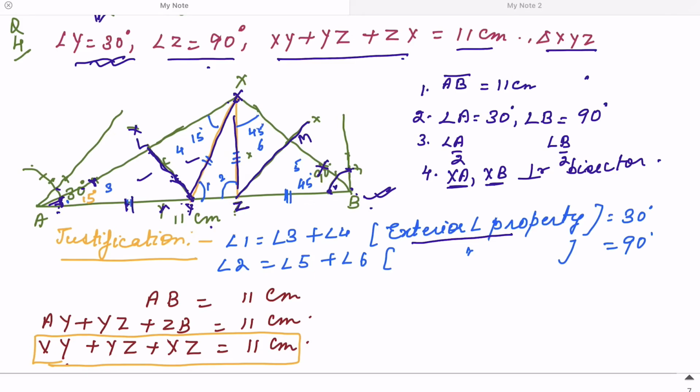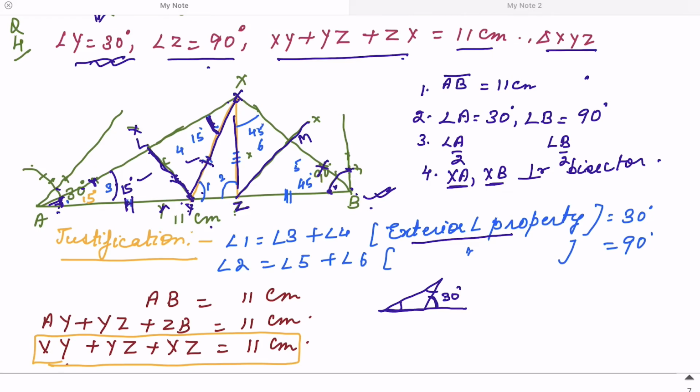As these sides are equal, and we know that angles opposite to equal sides are also equal, this angle is 15 degree, so this angle will also be 15 degree. Why? Because these two sides are equal. In any triangle, if we extend it, these two are 15, that means this one will be 30 degree. So angle Y is 30 degree.